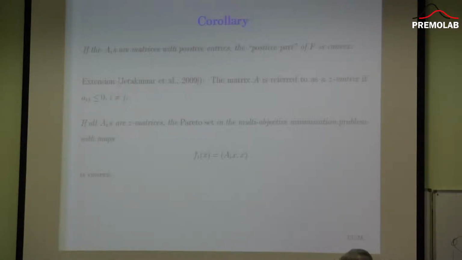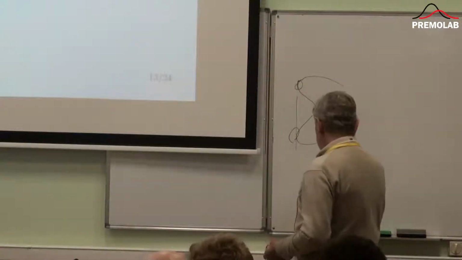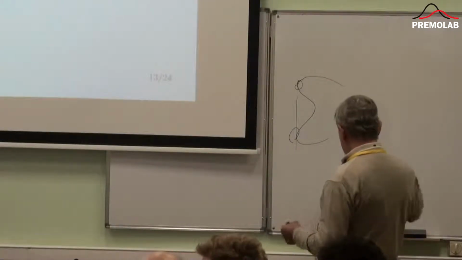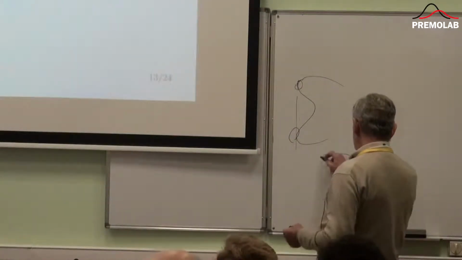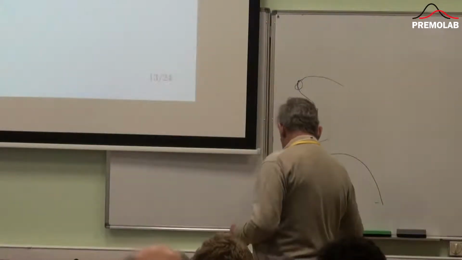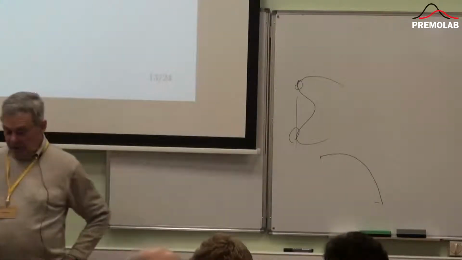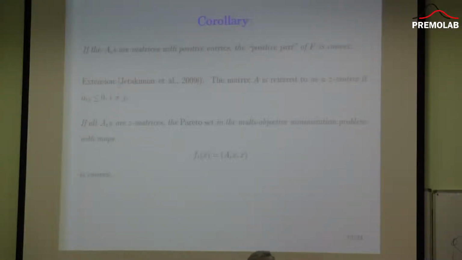So we are in the framework of the previous theorem, but not for all C, just for non-negative C. It means just that one part of our set is the boundary of a convex set.